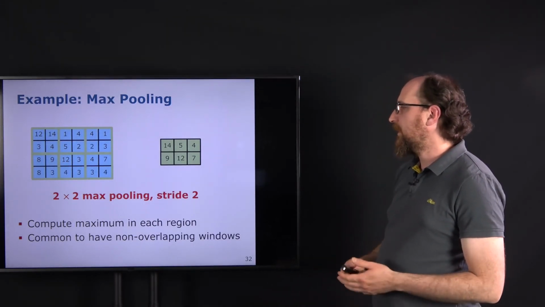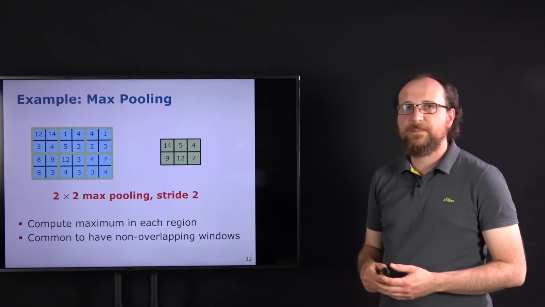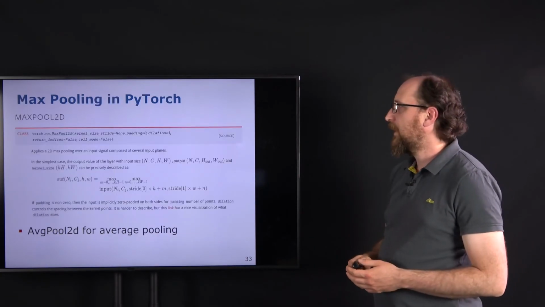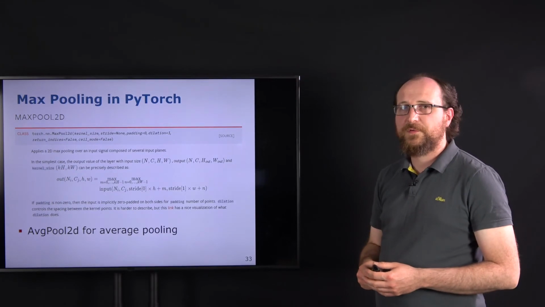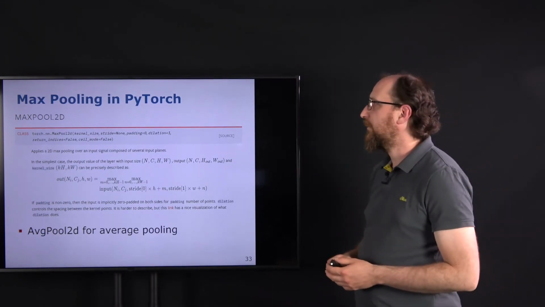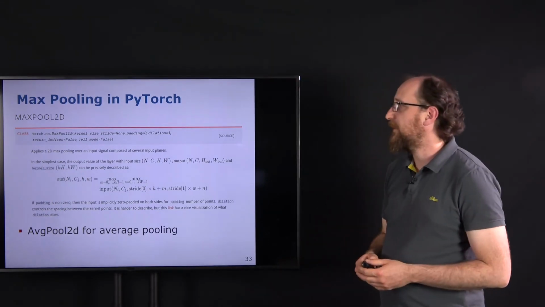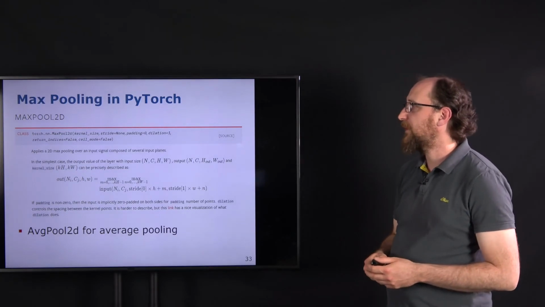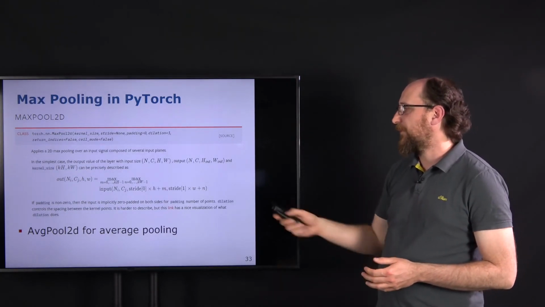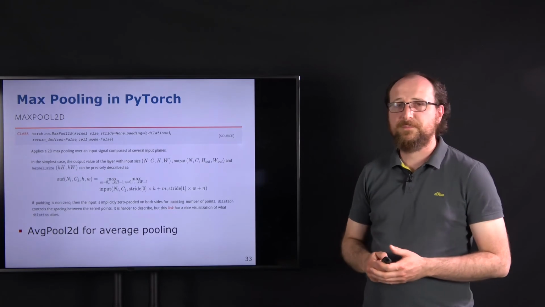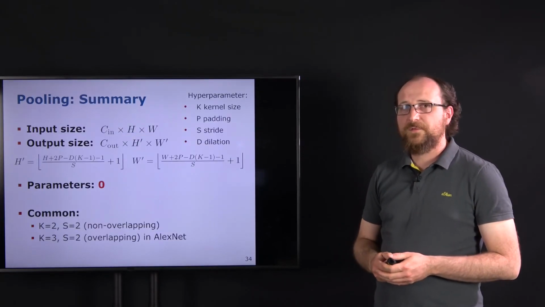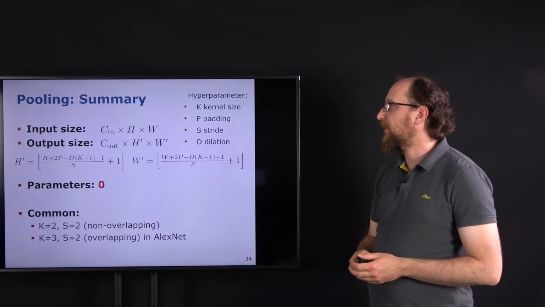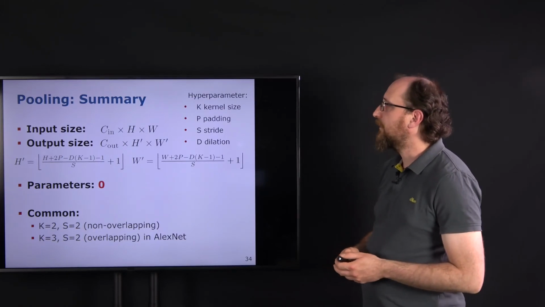And commonly we want to have maybe non-overlapping windows in the end. And of course, this is also implemented in PyTorch by having the max pooling operation here, and there's also an average pooling implemented.